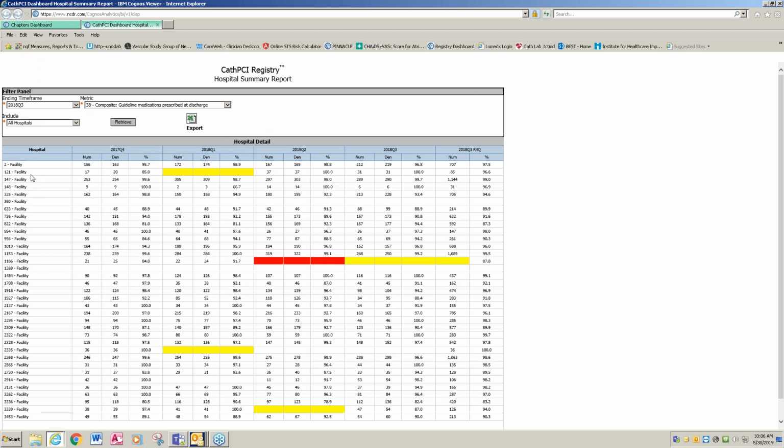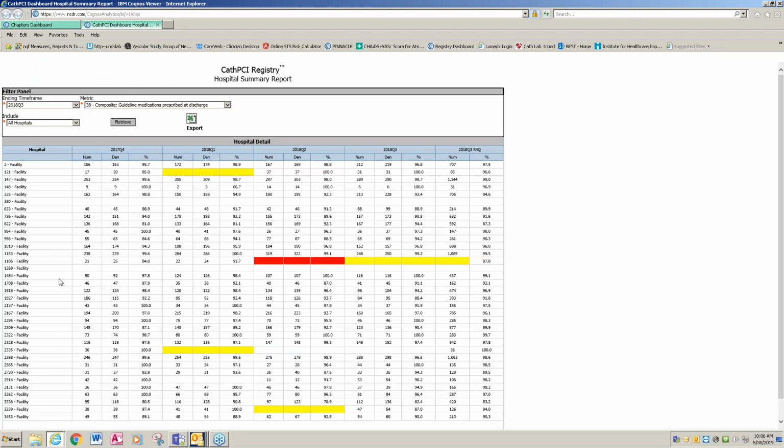Each hospital has a blinded code that we don't know. The way that we know which hospital is ours is to look at the numbers in the denominator and numerator.